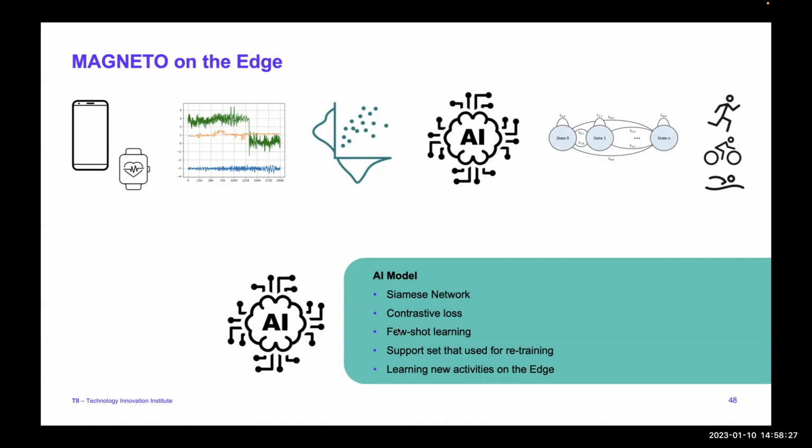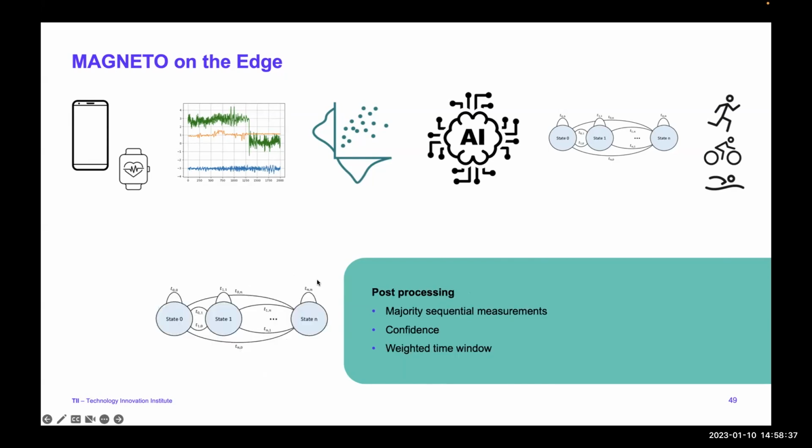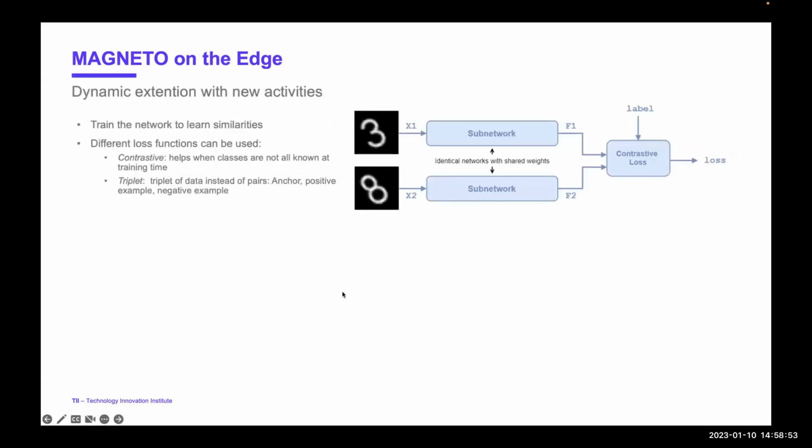You do not need a lot of data to do the learning. So we tested different versions of that, and we were able to build the models directly on the edge. We have used some post-processing on the results to make sure that things are working fine. There was also some data pre-processing that was injected directly on the device.